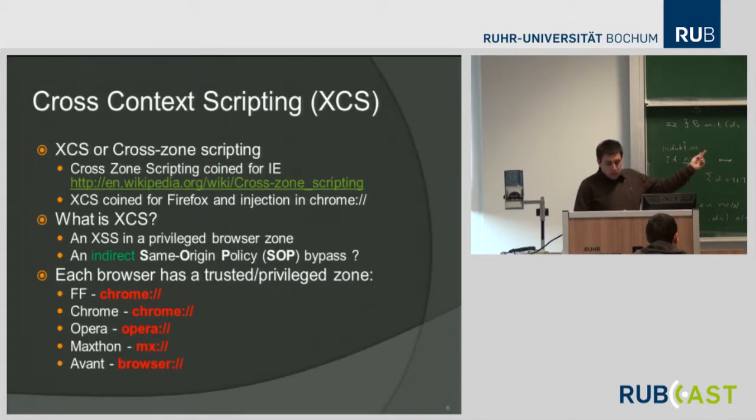If you check the list at the bottom of the slides, you can see that each browser has a trusted zone, a privileged zone. In Firefox, for instance, every time you install an extension, the extension will work using the Chrome zone, which is a little bit confusing, but the Chrome zone is a trusted zone in Firefox. Other browsers have their own zones. I will show you examples when we go through the demos and the bugs.